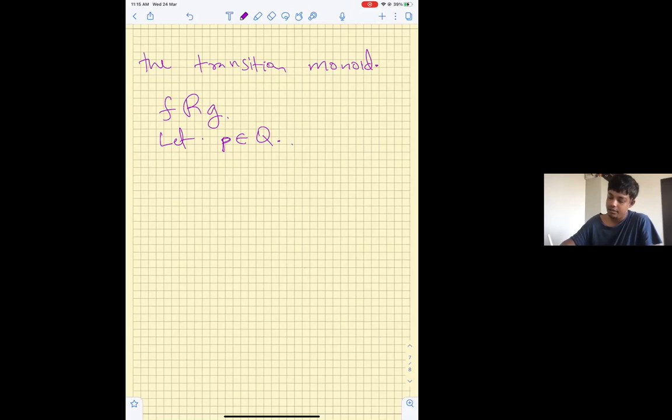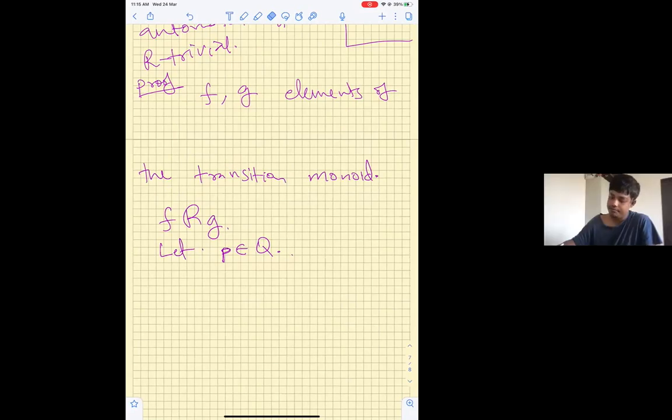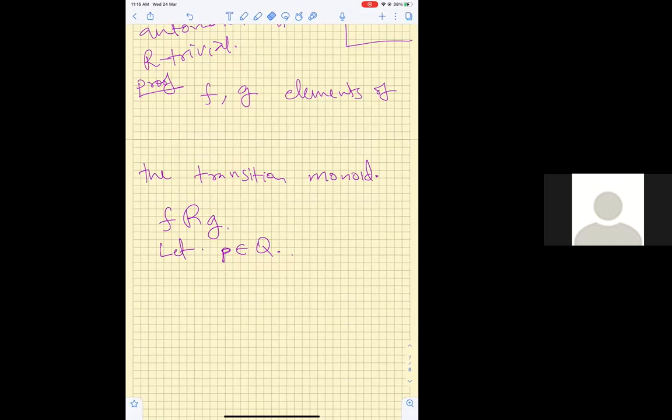Can somebody help me here? Are you following what I'm doing? Yeah, so now you want to consider another function h, which will be a transition function. Then you want to show that f is equal to gh, and similarly for some h prime, g is equal to fh. What it would actually mean is that if you apply that function to any state p, then f will take you from p to some q, and then q to some r.